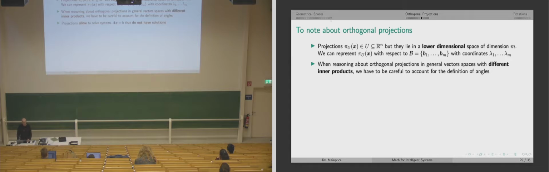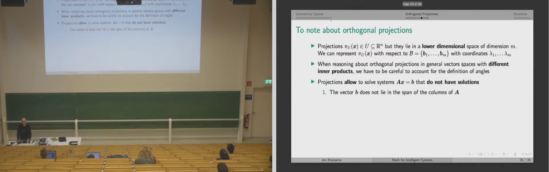So, projections allow us to solve systems of linear equations that do not have solutions. In the case where the vector B does not lie in the span of the columns of A, if we are trying to solve a system f of x is equal to b, and there's no solution, then we can solve for the least squares solution. That is the solution that minimizes the distance between the left side of the equation and the right side, and that is what these pseudo-inverses actually lead to.